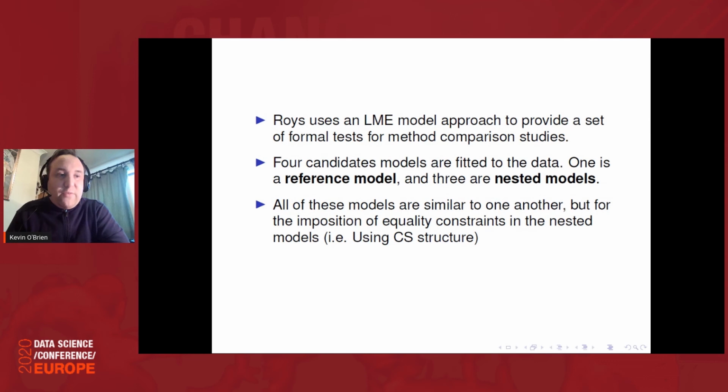That's our reference model. And in the other three tests, there are the nested models. In the nested models, we impose the constraint that the two variances have to equal each other. In the reference model, we allow them to be different from each other.